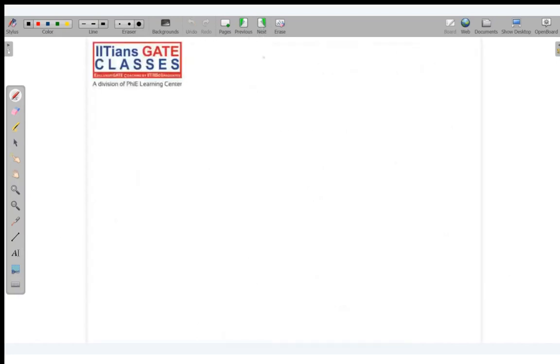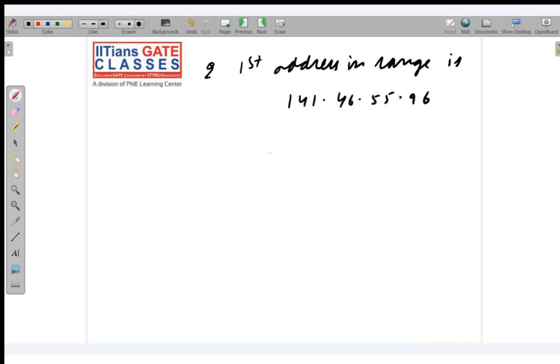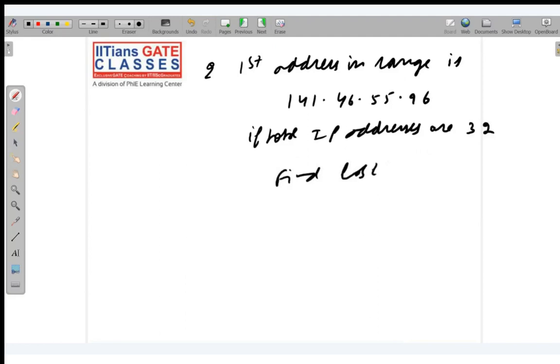They will say if the first address in the range is given as 141.46.55.96, and if total IP addresses are 32, find the last address. How will you solve this question?